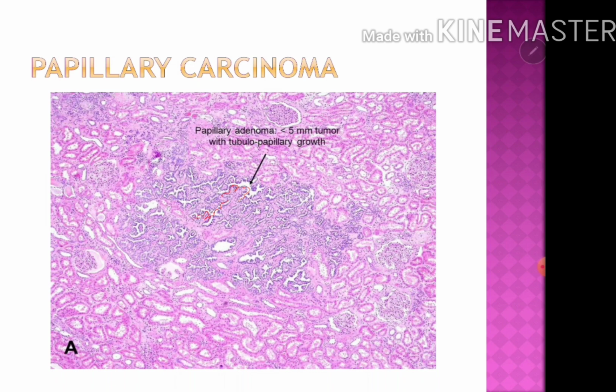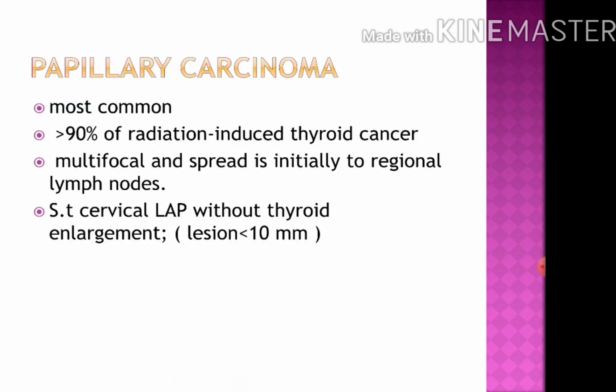This is the most common type of carcinoma, and it constitutes more than 90% of radiation-induced thyroid cancer, in those who are exposed to head and neck radiation, whether doctors or paramedical staff. It is multifocal, and the spread is initially to the regional lymph nodes.